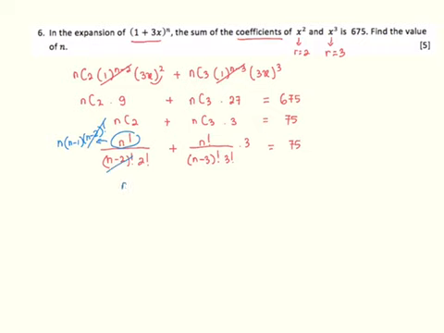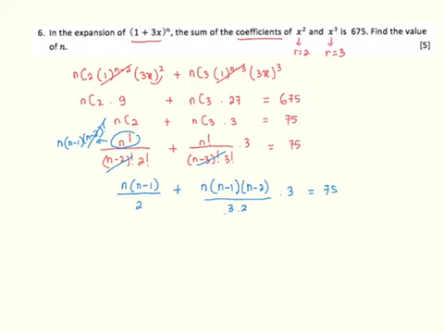So now I have n times (n minus 1) over 2 factorial, which is 2, plus same thing with this: n factorial is n times (n minus 1) times (n minus 2) times (n minus 3) factorial, cancel with this one, over 3 factorial, which is 3 times 2, and times 3 again, is equal to 75.